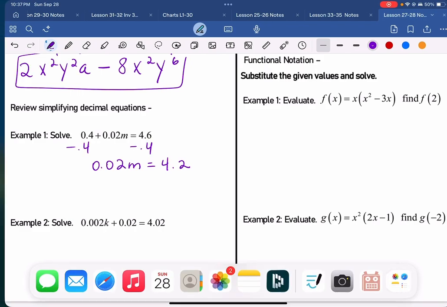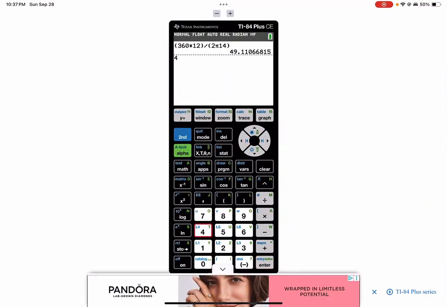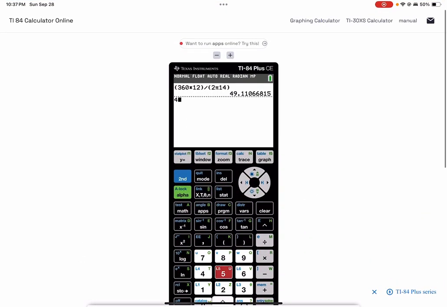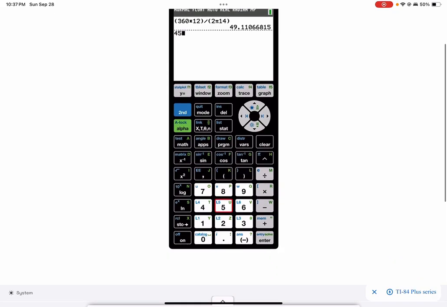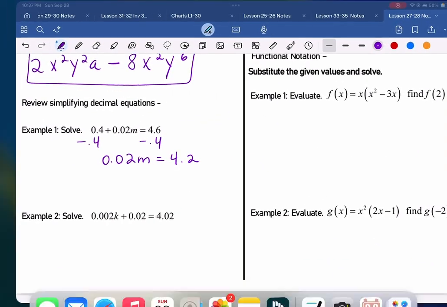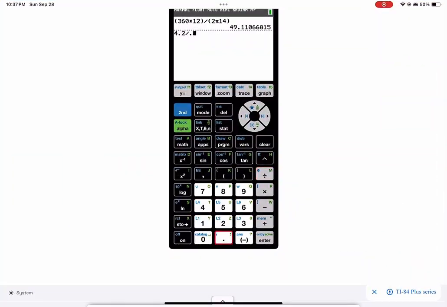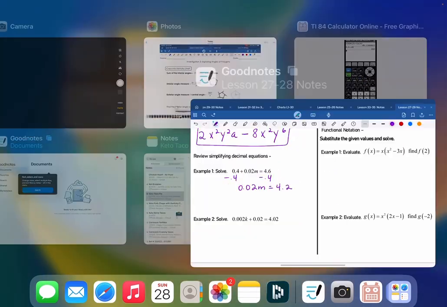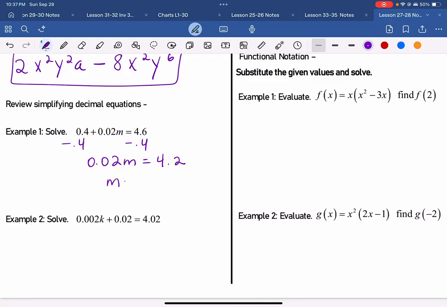And so if you would divide 4.2 by 0.02, you get 210. So it's the same stuff with decimals.